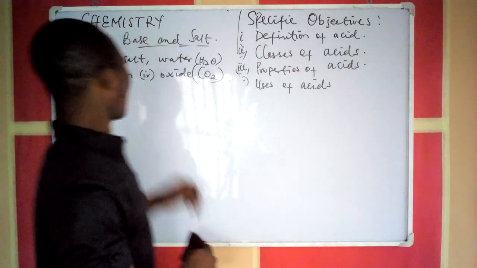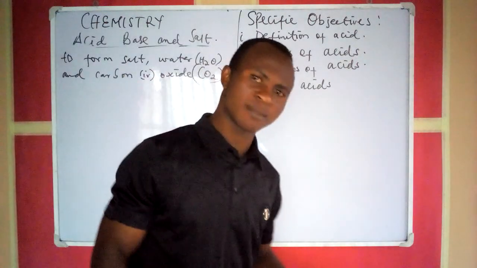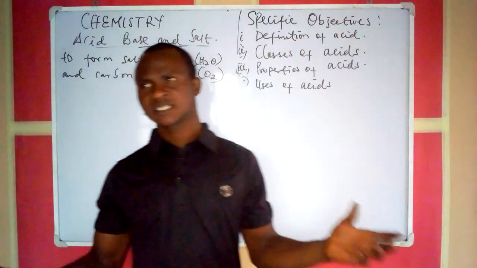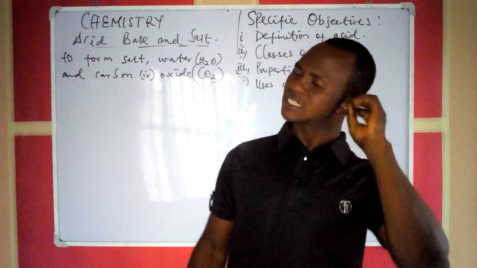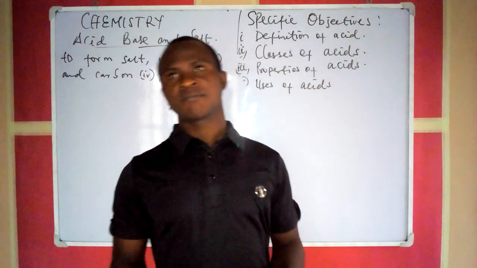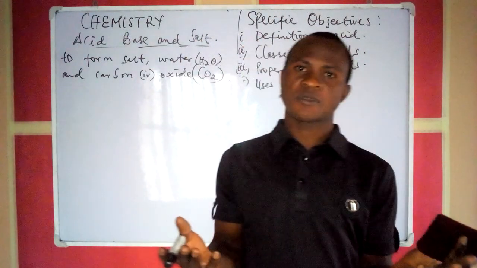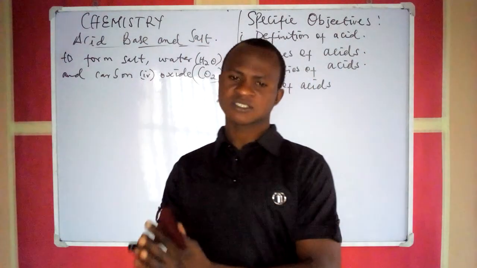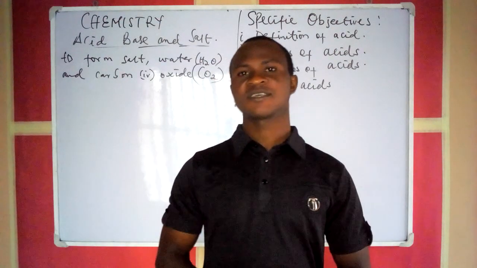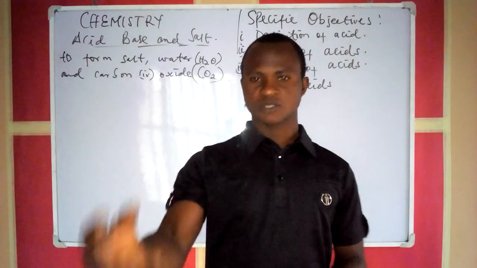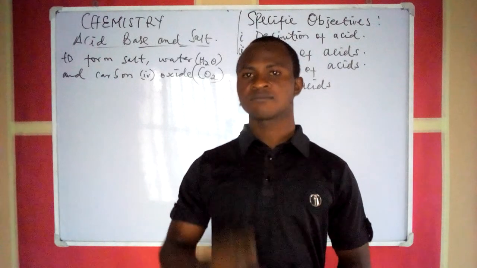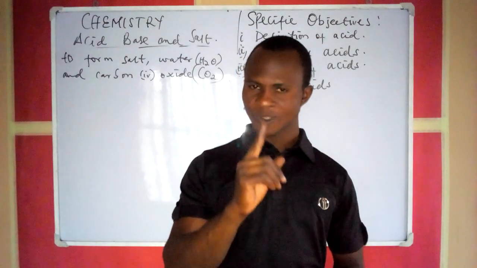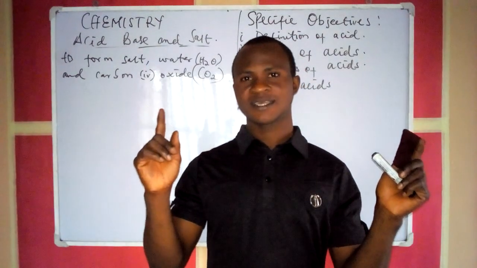Bases, we shall still talk about bases. So, what are bases? Bases are simply oxides or hydroxides of metals, which react with acids to form salts and water only. I repeat.